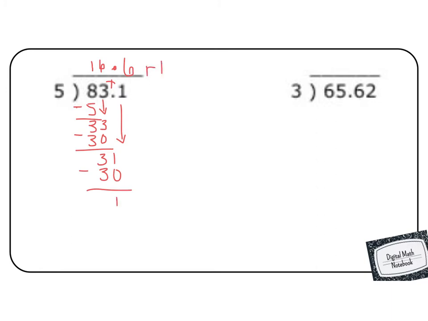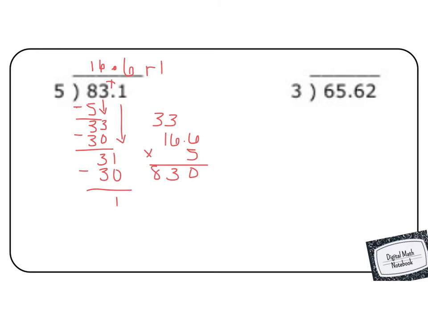We can use our multiplication to check our work just like we can with a whole number. So if I have the number 16.6 and I multiply it by 5, I should get back to my whole number. 6 times 5 is 30. 5 times 6 is 30 again, plus 3 gives me 33. 5 times 1 is 5, plus 3 is 8.